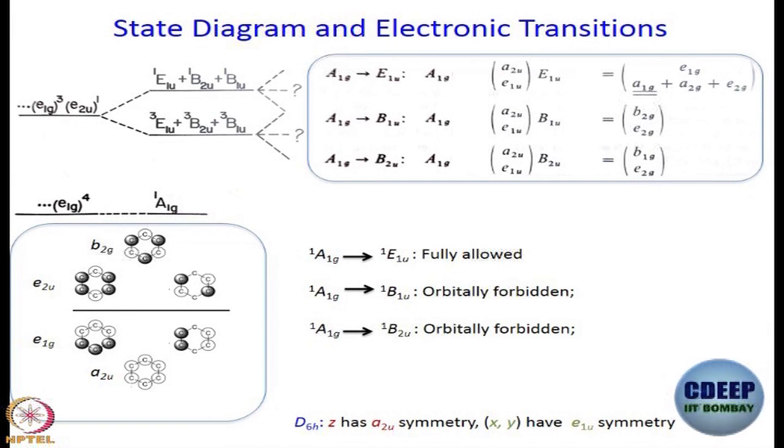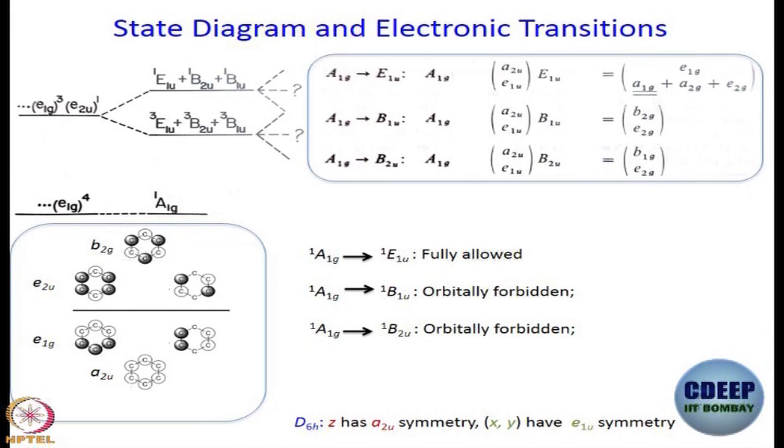You agree with me that for these two transitions, they are orbitally forbidden? Now, I am asking you to forget about the orbital part for the moment. I am saying both of these are singlet to singlet transitions. So, from the point of view of spin, are they allowed or are they not allowed? Remember what the transition moment integral is, or how we wrote it.